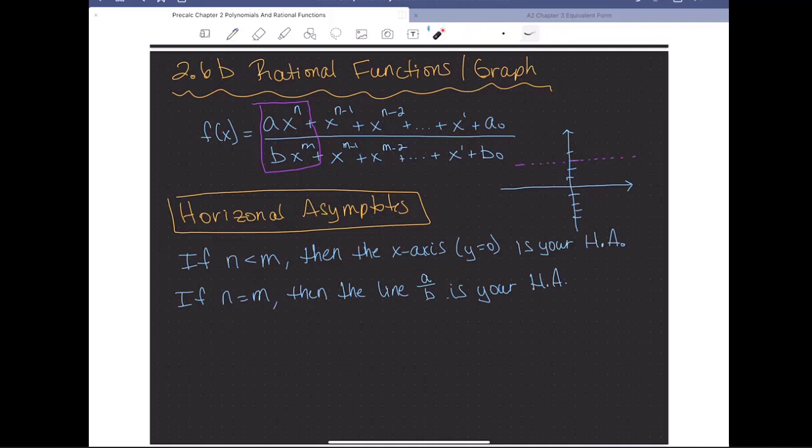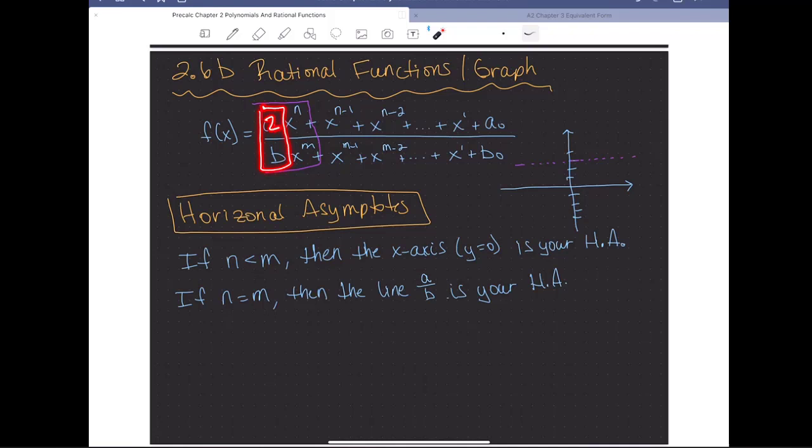If your numerator degree and denominator degree are exactly the same, you look at the leading coefficient fraction, that a over b ratio, and that's where your horizontal asymptote is.